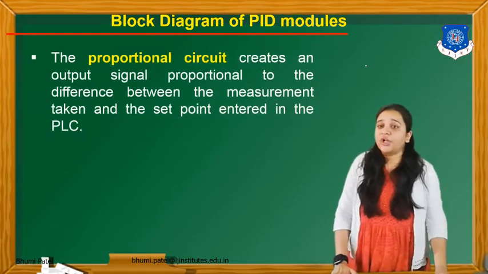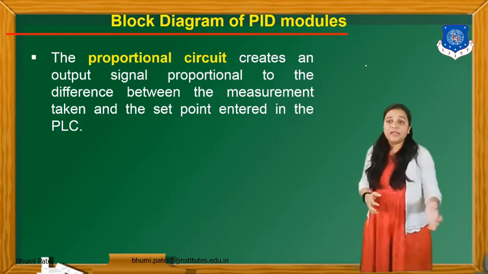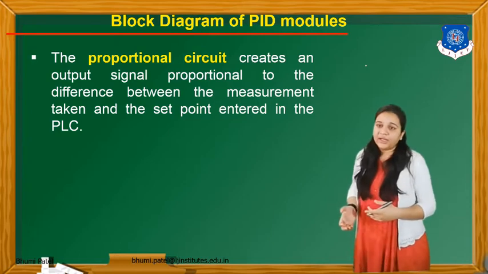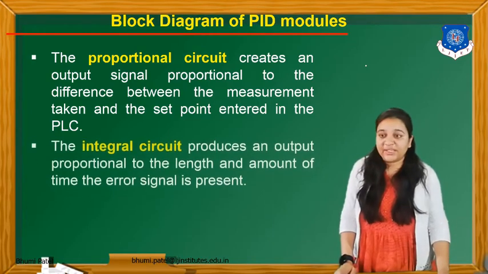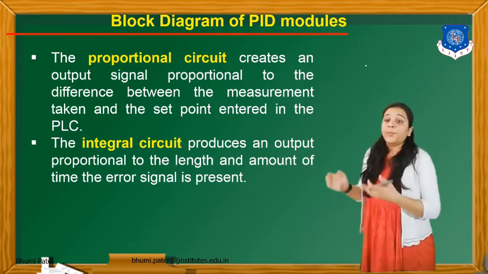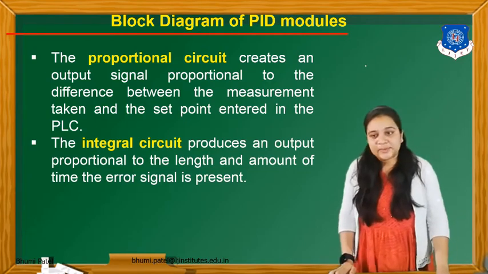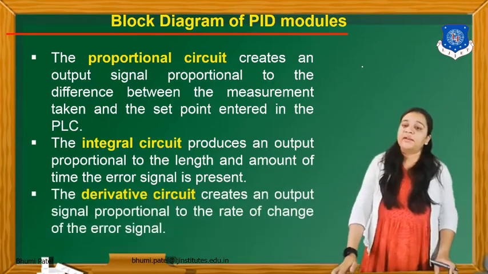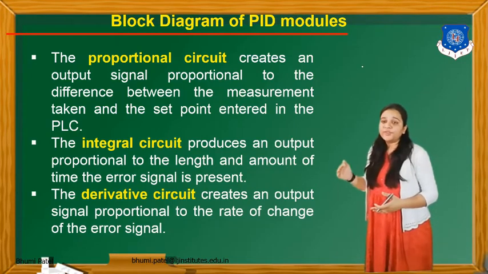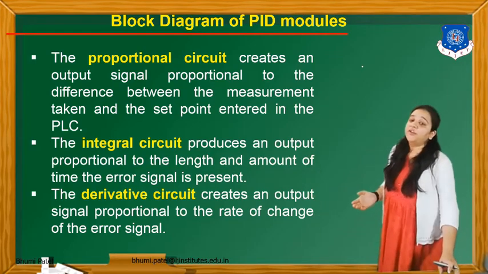The integral circuit produces an output proportional to the length and the amount of time the error signal is present, and the derivative circuit creates an output signal proportional to the rate of change of the error signal. So this is the individual function of the different circuits.